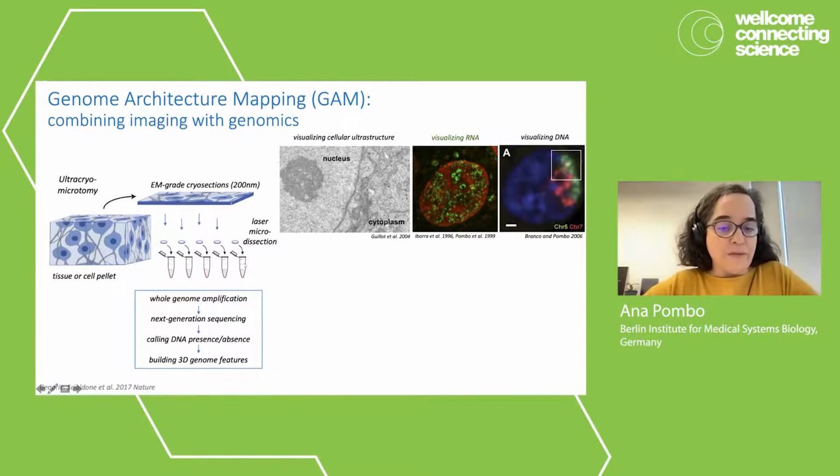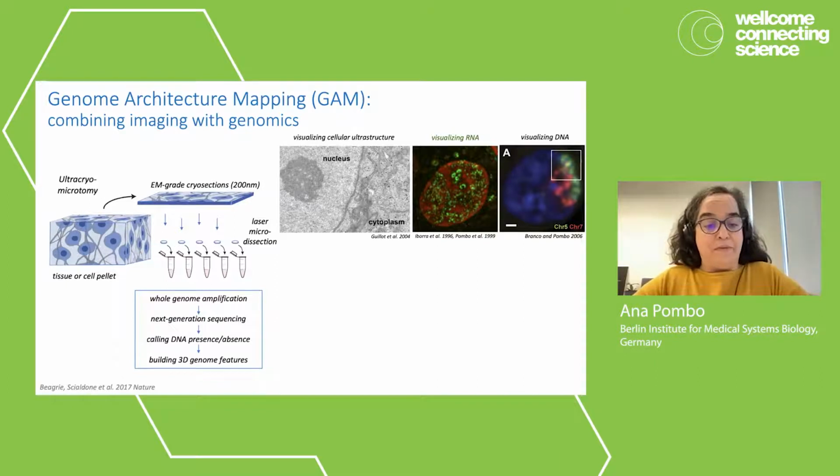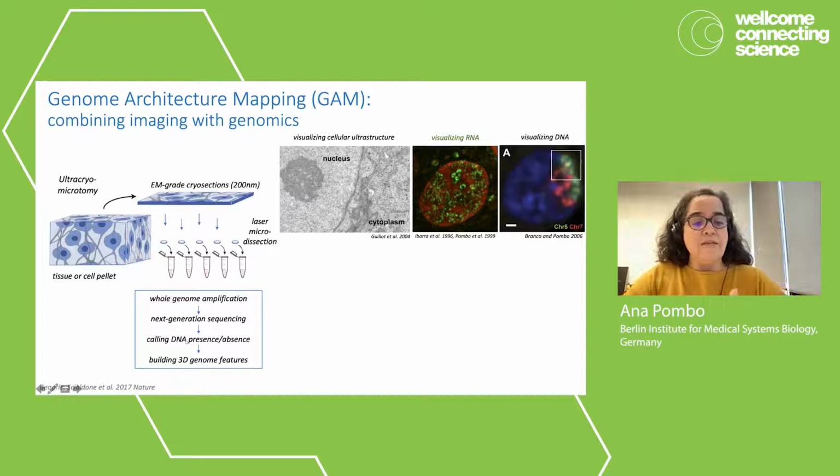And with the advent of single cell whole genome amplification and next generation sequencing, it became possible to extract the DNA content within these nuclear slices, to then use bioinformatic methods to understand which parts of the genome are present or absent, and from this data to build a number of different aspects of 3D genome topology.